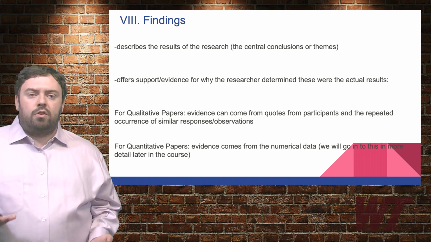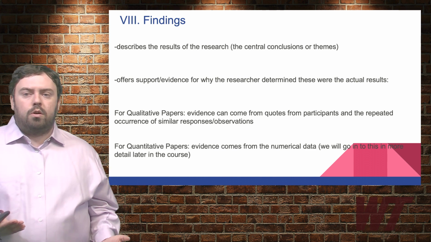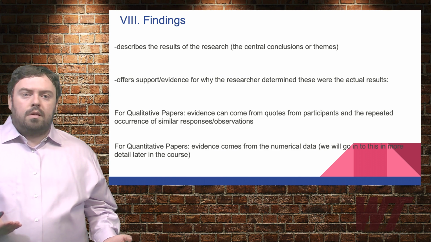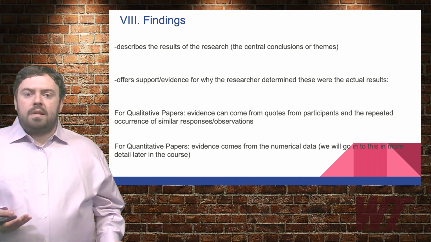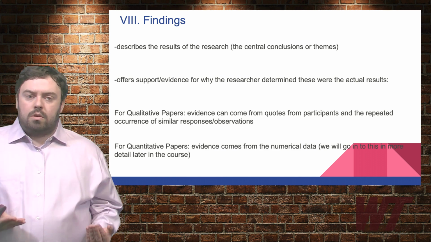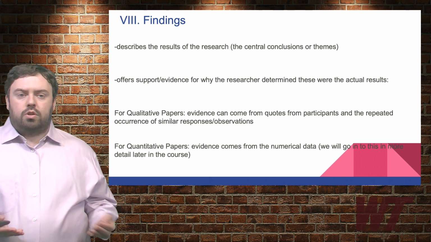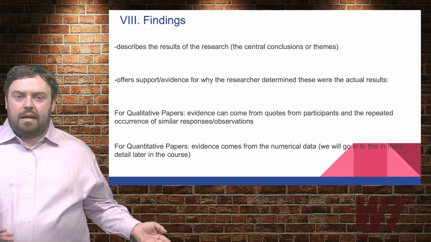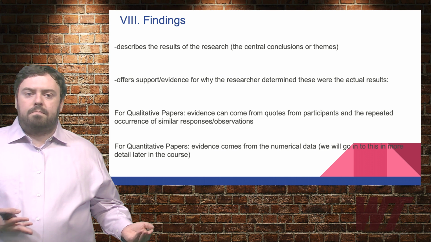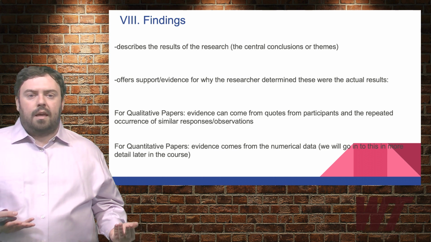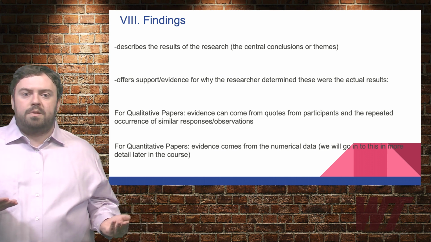And then after you explain that, I would offer one or two quotes to illustrate this. It's good to introduce the quote instead of just going straight to what participant 1 said. It might be good to introduce the quote by saying who participant 1 is.